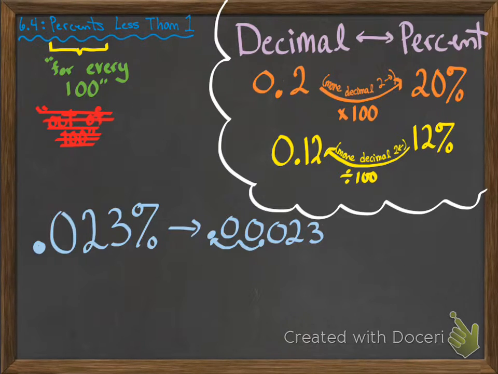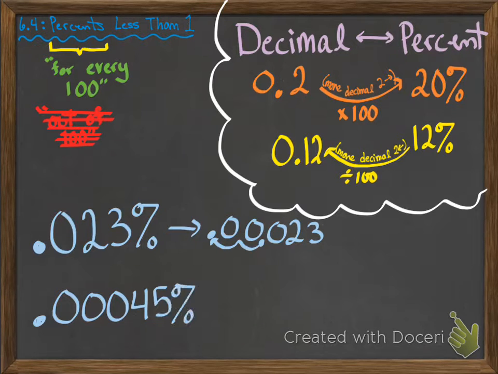Okay, so the decimal form of 0.023% is 0.00023. We can do the same thing with even smaller numbers, like 0.00045. How do you do that? You take that decimal and move it 2 to the right. I did not mean a percent here.